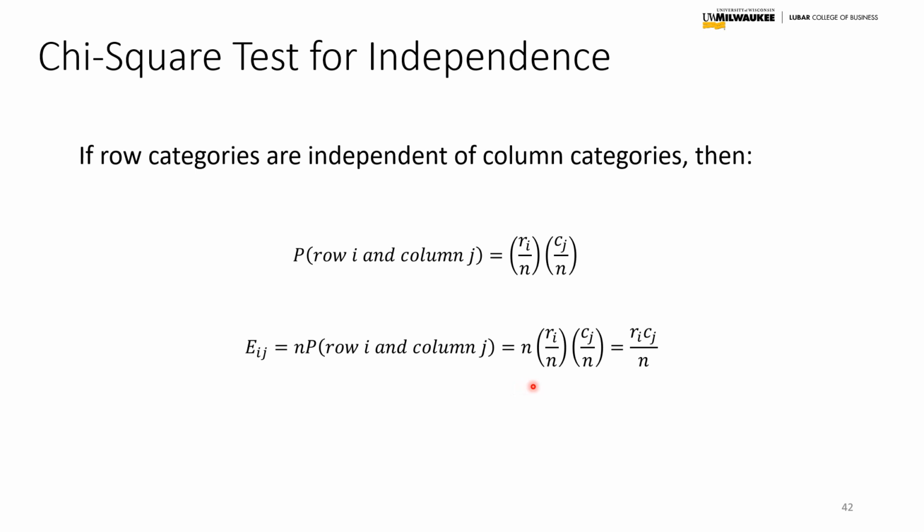So it's N times R_i over N times C_j over N. One of the N's cancels. So the expected number of observations falling in row i, column j, if the categories are independent, equals R_i times C_j divided by N.